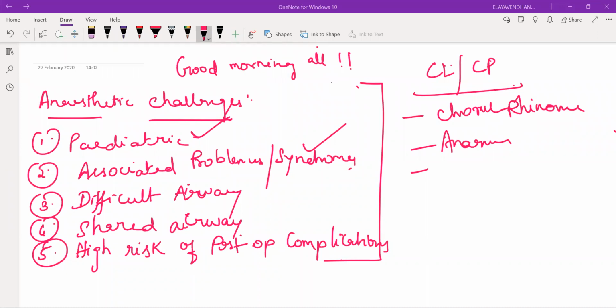Next is anemia. What is the other problem? When the baby is giving a history of snoring or apnea during feeds, what are the things which come to your mind? There's more chance of desaturation during induction.